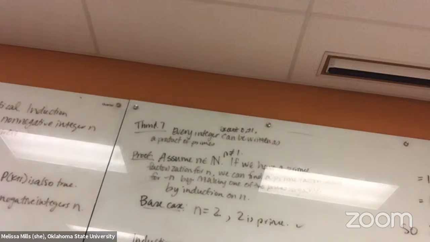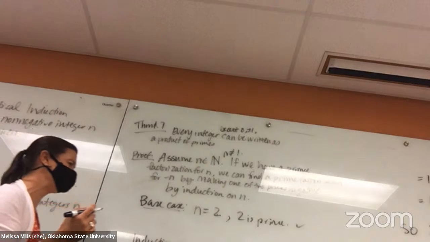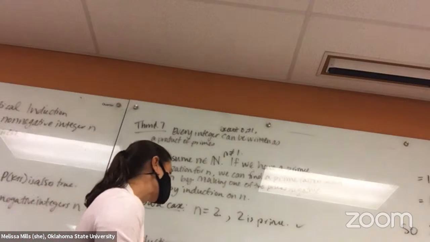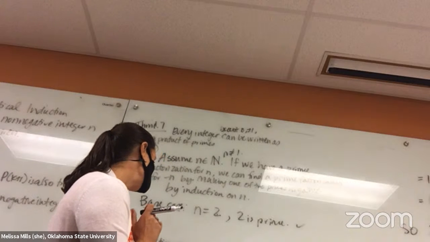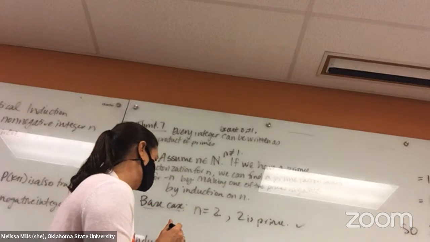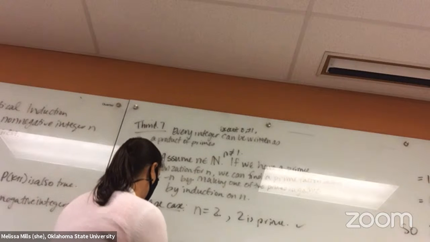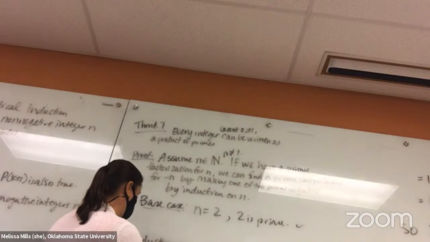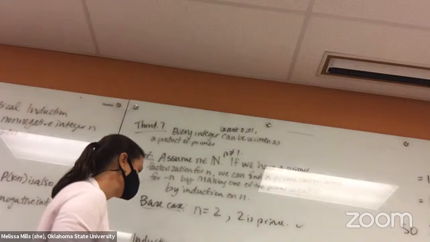Both of those are defined in the appendix, I'm not sure which one. So assume that k is a product of primes for all k less than or equal to n.